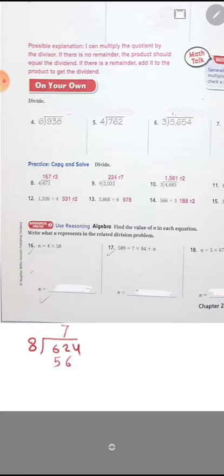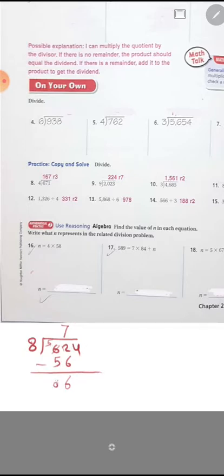Okay, 56 tens. Now subtraction. 2 minus 6, I will borrow from the 6, it will be 5, and this one will be 12. 12 minus 6 equals 6. And 5 minus 5 equals 0.